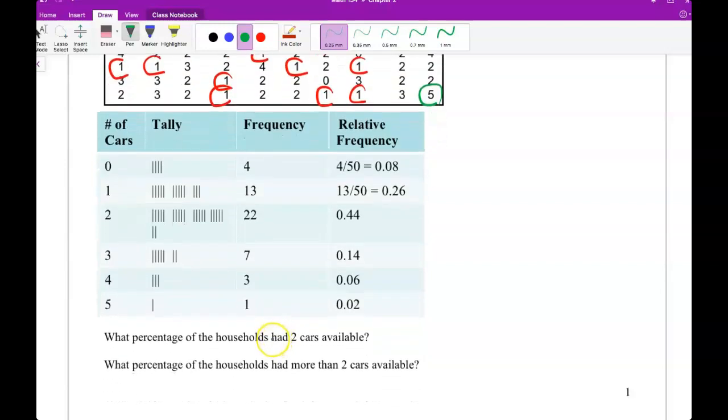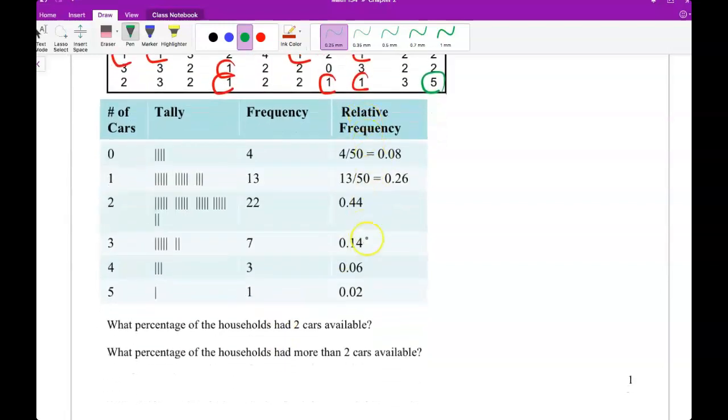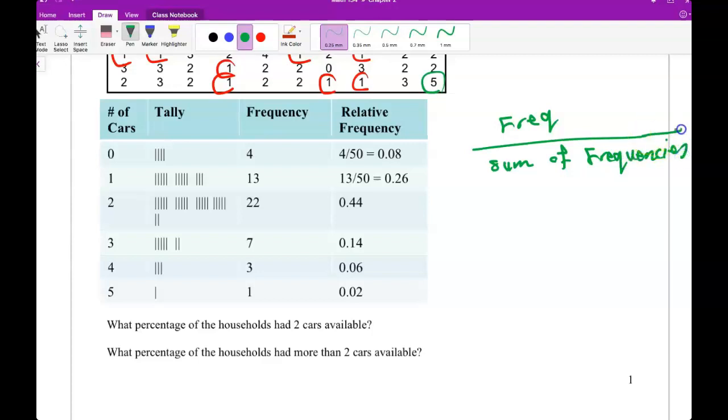Okay, then after that, since we want to find relative frequency, you can see that each frequency should be divided by the sum of frequencies. So it's frequency divided by the sum of frequencies. This is relative frequency.